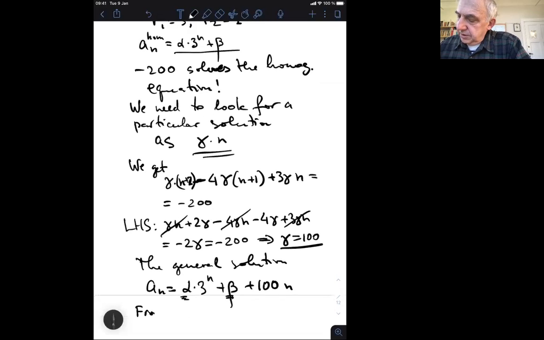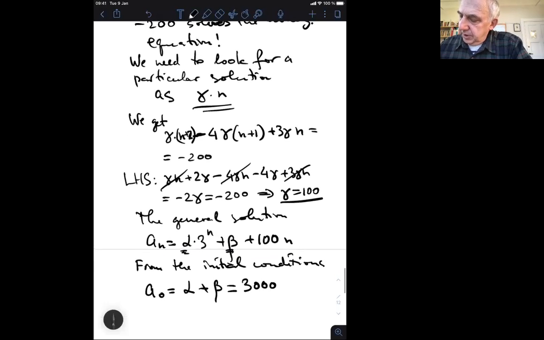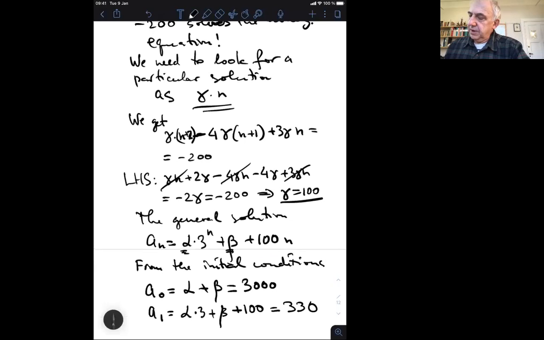From the initial conditions, a_0, which is n equals 0, is alpha plus beta, and this should be equal to 3000, yes? Good. Now a_1, which is alpha times 3 plus beta plus 100, for n equals 1, should be equal to 3300.